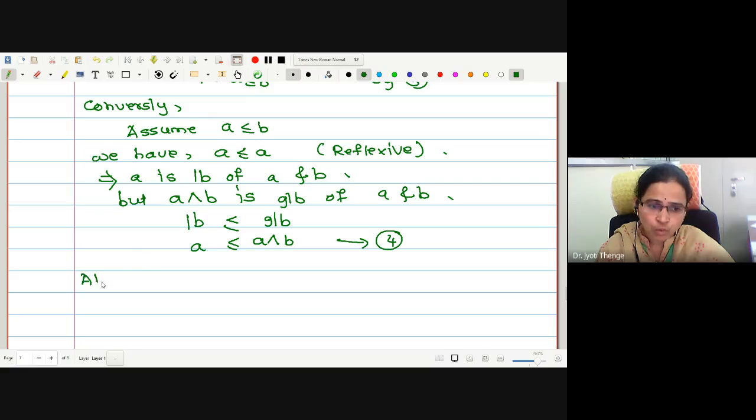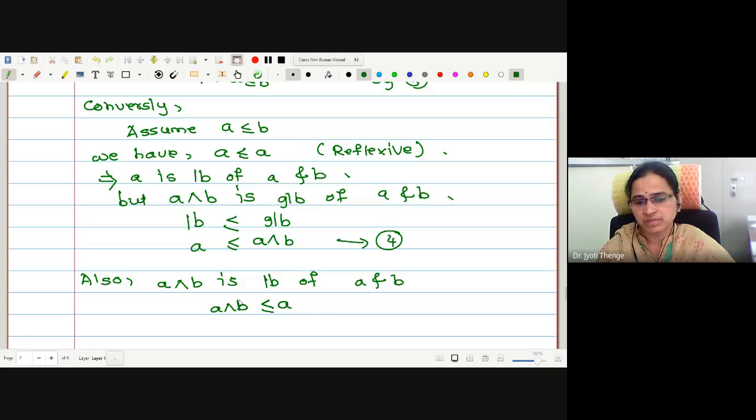Also, A meet B is a lower bound of A and B, since a greatest lower bound is always a lower bound. Therefore, A meet B precedes A. Let me call it statement number 5.